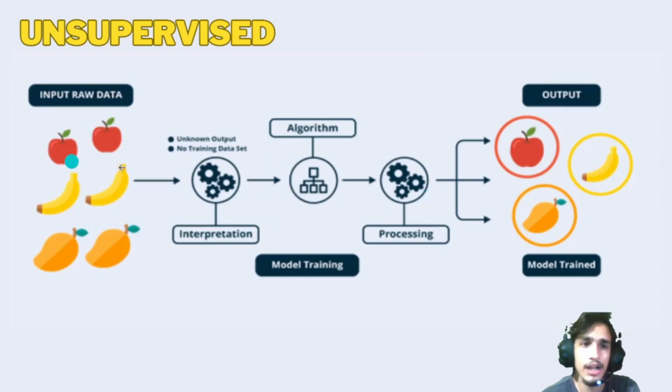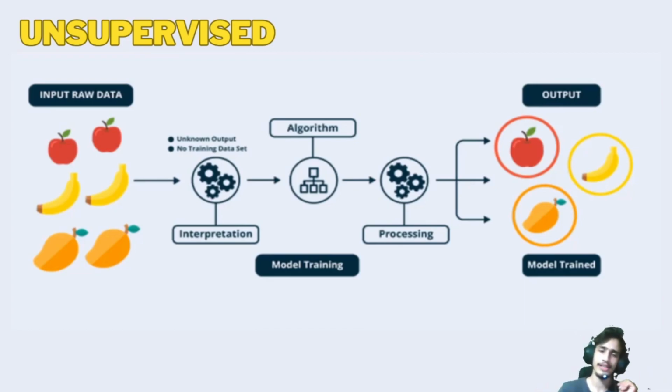In unsupervised learning, we are just given different types of fruits like apples, bananas, mangoes, etc. What unsupervised learning does is it takes the fruits, studies all of them, and makes clusters like this is apple, this is banana, these are mangoes. Meaning it will not say that these are mangoes, apples, or bananas, but it will separate them, saying this is different and this is different. So this is what unsupervised learning does. We don't know what our target variable is. We just want to segregate our data.